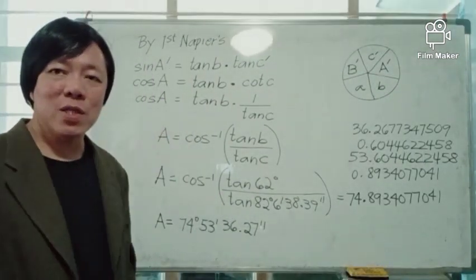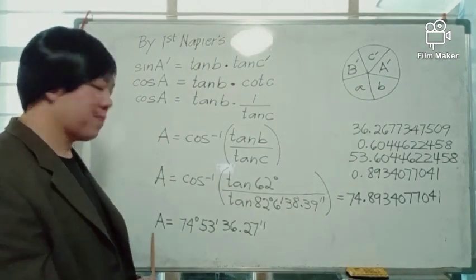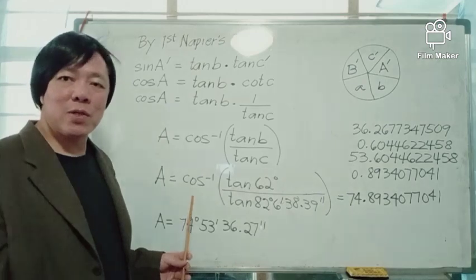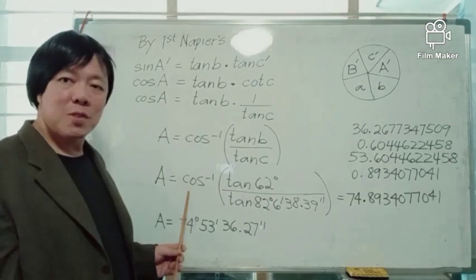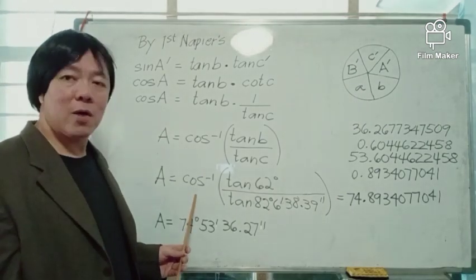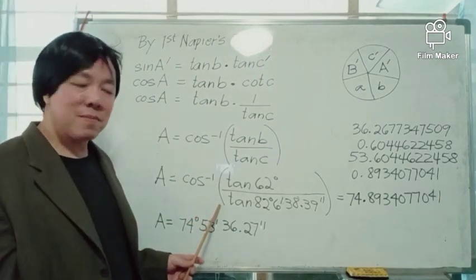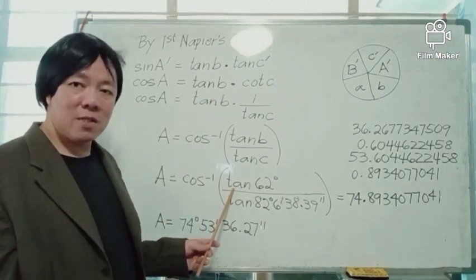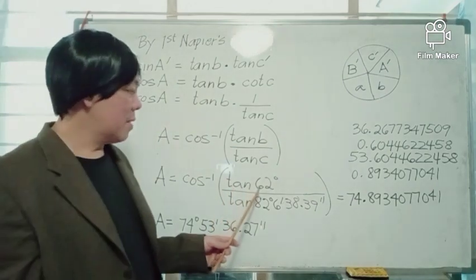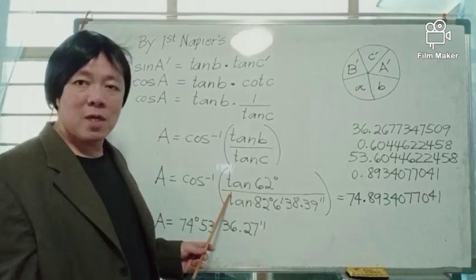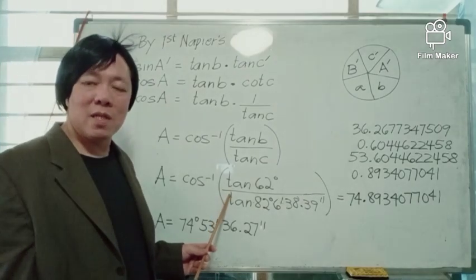Using the calculator, we find the value of angle capital A. In your scientific calculator, you press shift cosine or arc cosine, press open parenthesis, then press tangent, press 62. Your calculator should be in degree mode.